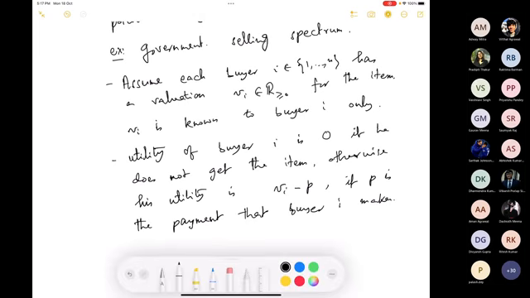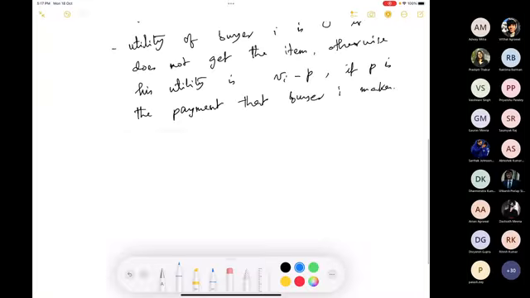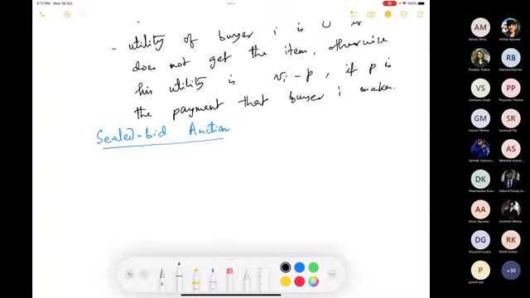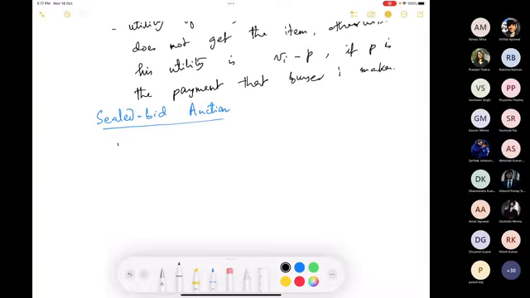But here we will assume something even simpler, which is called sealed bid auction. So, single item sealed bid auction. Here is the first step: each buyer submits his or her bid in a sealed envelope.